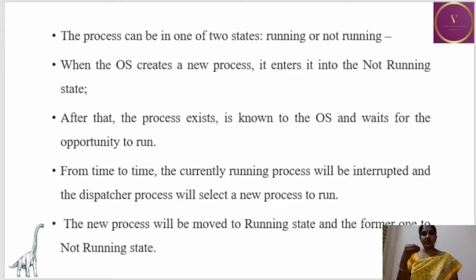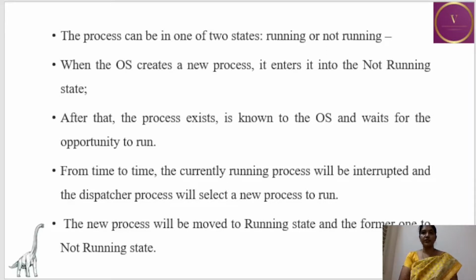From time to time the currently running process will be interrupted, and the dispatcher process, there is something called the dispatcher process which we'll be learning again, will select a new process to run. That is, one new process has come which has to use the CPU, so it will interrupt the currently running process, and the dispatcher process will select the new process to run in the CPU.